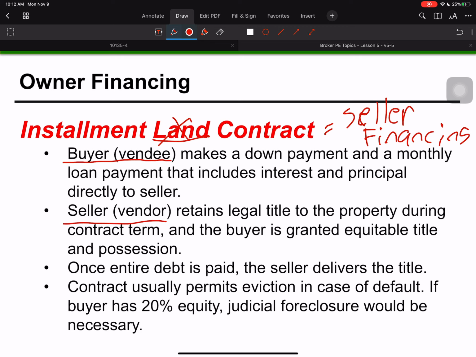The buyer, the vendee, makes a down payment and a monthly loan payment that includes interest and principal directly to the seller. The seller, the vendor, retains legal title to the property during the contract terms, and the buyer is granted equitable title and possession. Once the entire debt is paid, the seller delivers the title. The contract usually permits evictions in case of default. If the buyer has 20% equity, judicial foreclosure would be necessary.